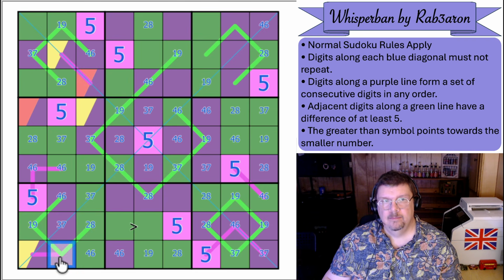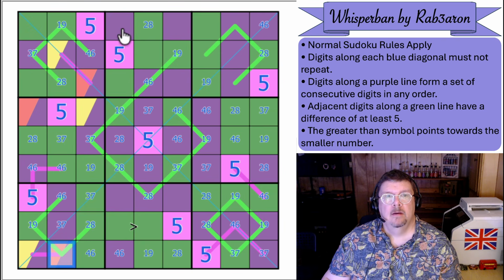This one is red. Okay, one of those two is red, so this one is red. Or I can use this diagonal to determine that that's red.